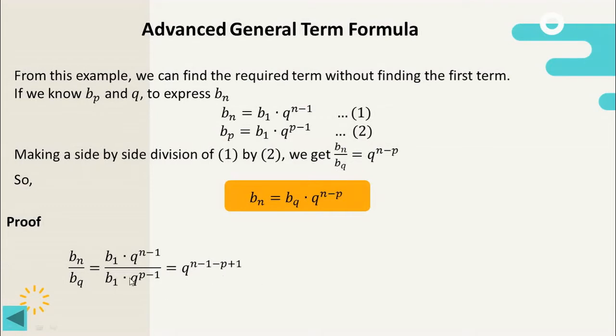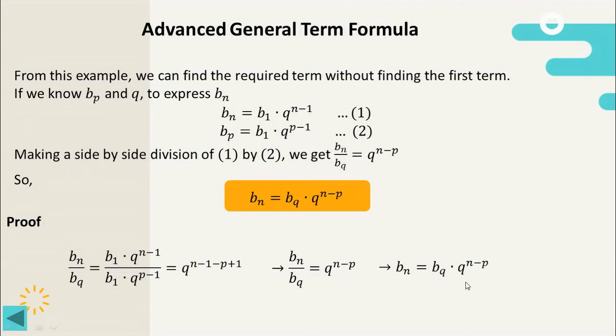So this one is p, because from here positive minus and then plus. So we got Bn over Bp is equal to k to the power n minus p. So make it simplify again.